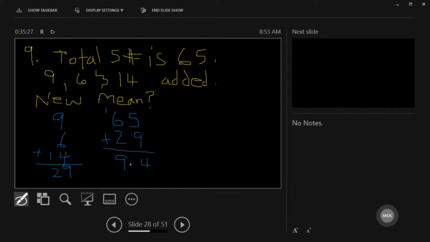So the total is 94 and it's 8 numbers. So the new mean would be 94 divided by 8. 8 into 9 one time, remainder 1. 8 into 14 one time, remainder 6. And 6 over 8 cancels to 3 over 4. So it's 11 3/4 or 11.75.